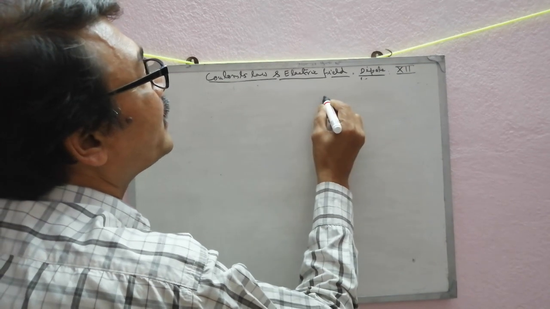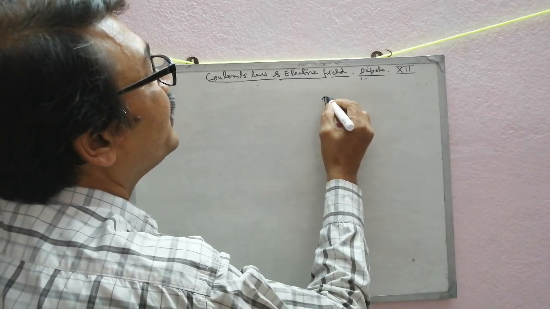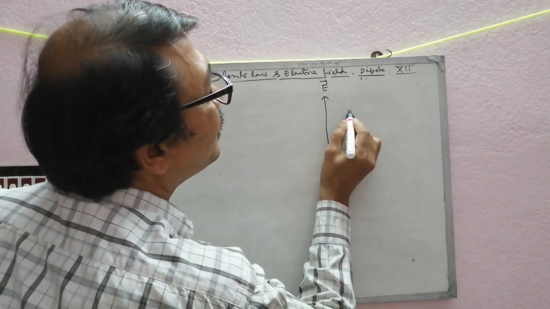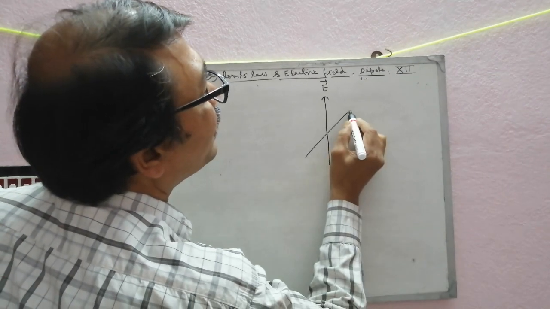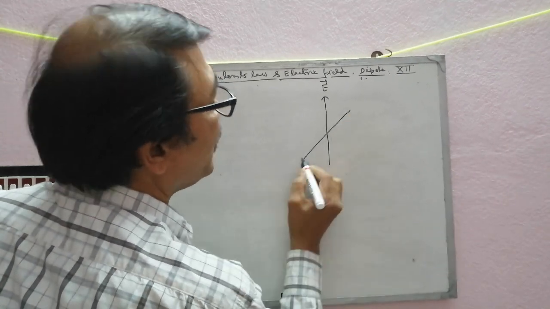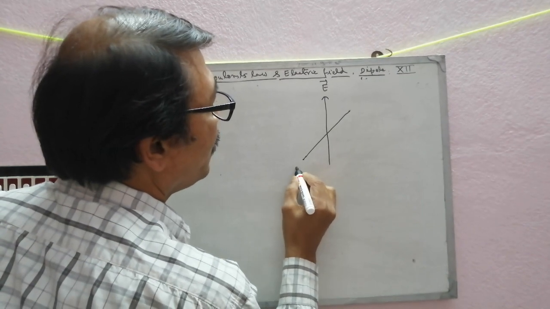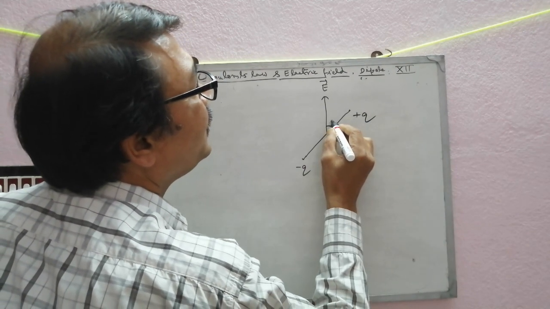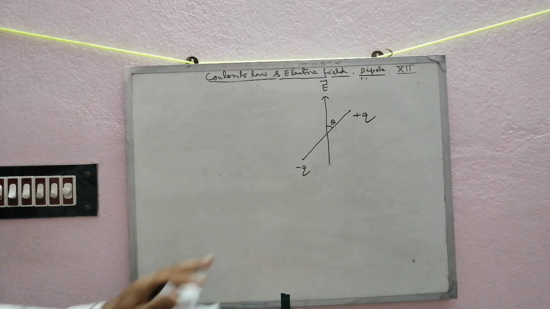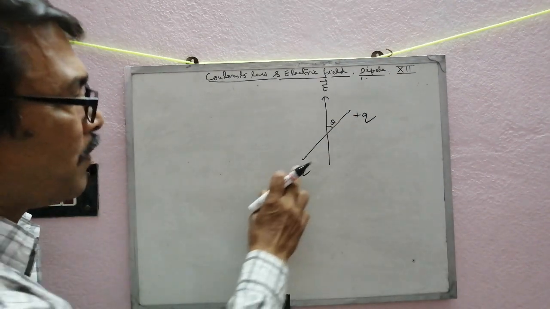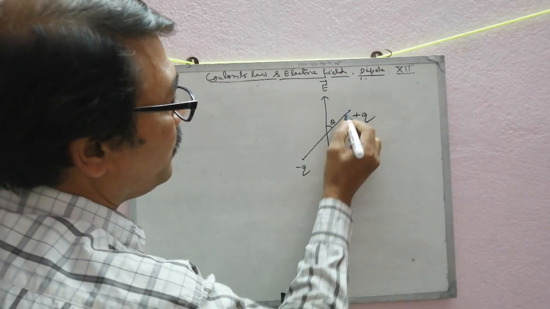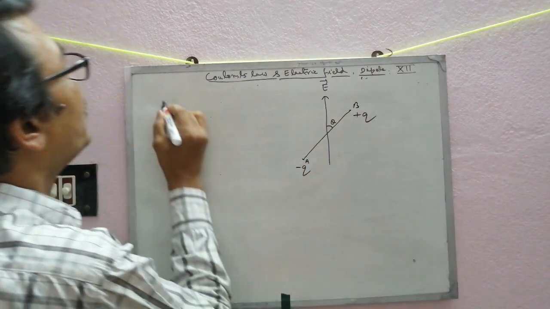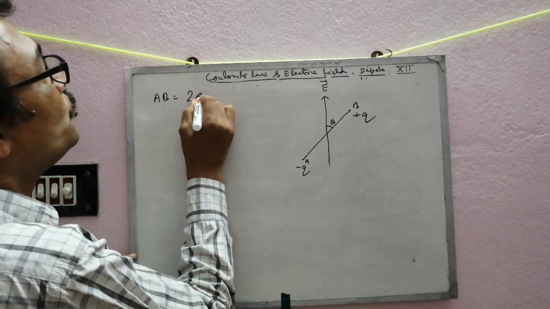This is a uniform electric field in the direction E. Now we place an electric dipole in this way, with charges minus Q and plus Q, making an angle theta. The distance between them is 2a. Similarly, this is A and this is B. AB equals 2a.